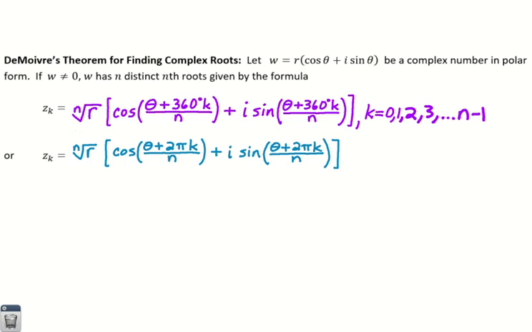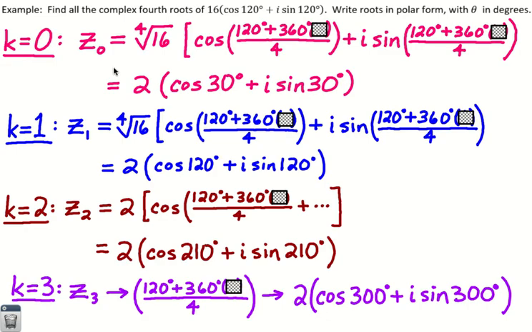There are going to be 4 total roots, where we let k equal 0, the root where we let k equal 1, the root where k equals 2, and the root where k equals 3.